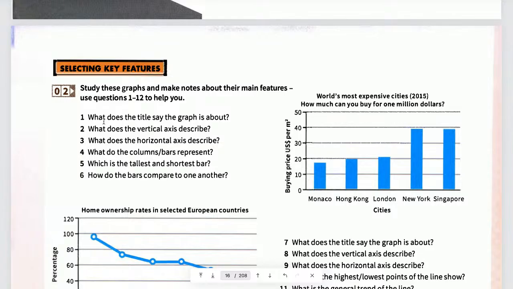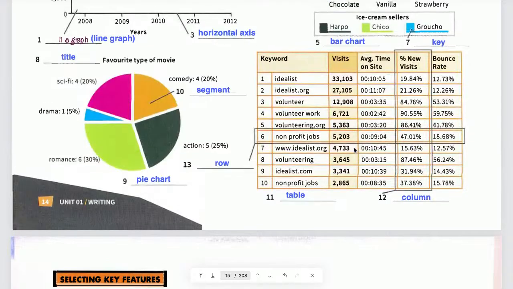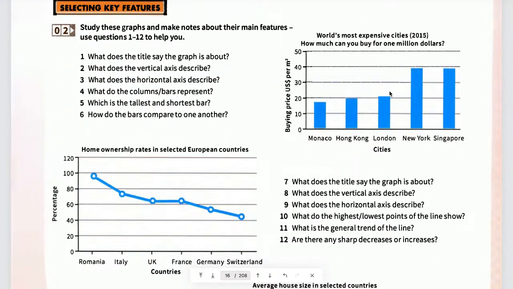When you look at the bar chart on the right side, where is the title?